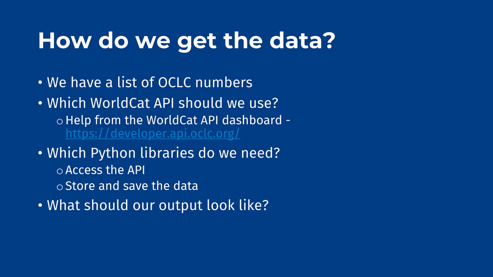Which Python libraries do we need? We need to be able to get access to the API, which is basically just an HTTP GET request. We also have to store and save the data that we retrieve. What should our output look like? Sid and I decided that another CSV file would work for her needs. Next slide, please.